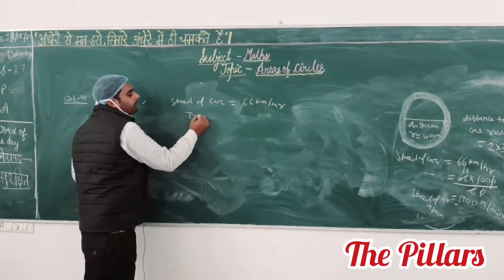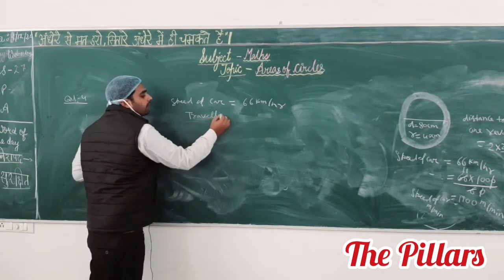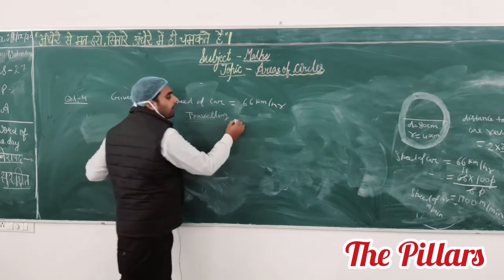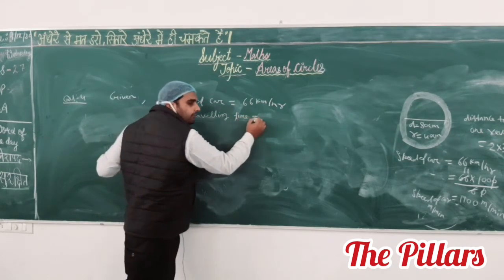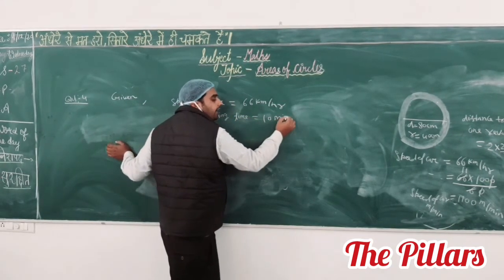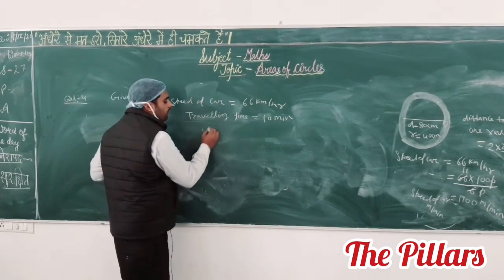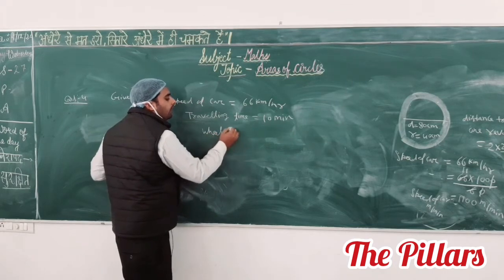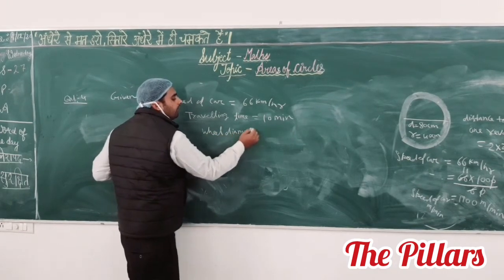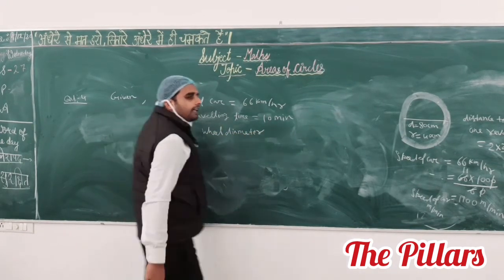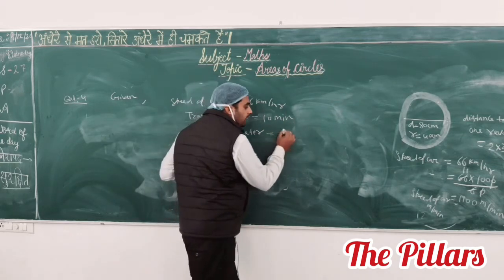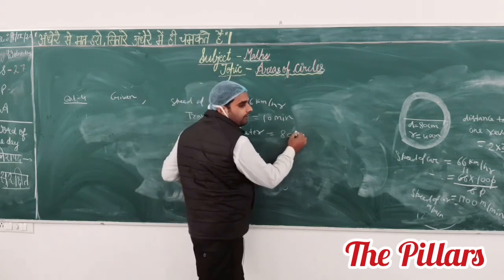Traveling time: how much time will the car travel? 10 minutes. Wheel diameter equals 80 centimeters, given.